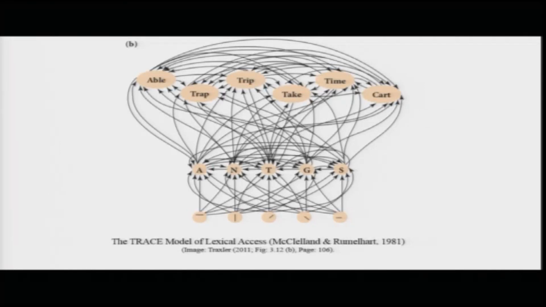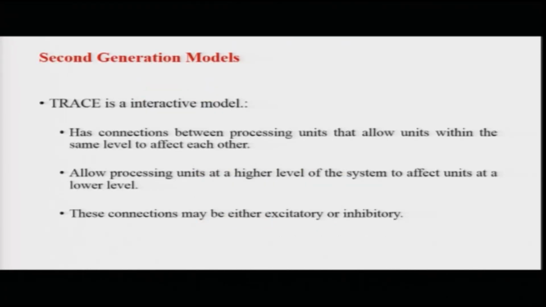Okay. In this model you will see there is a lot of feedforward and a bit of feedback as well, at least between the word and the letter level. So what is happening here is that TRACE is an interactive model, that is why there are both feedforward and feedback connections. It has connections between processing units that allow units within the same level to affect each other.